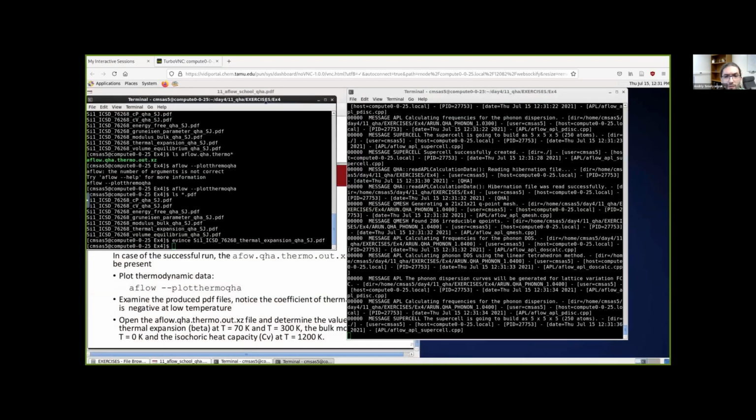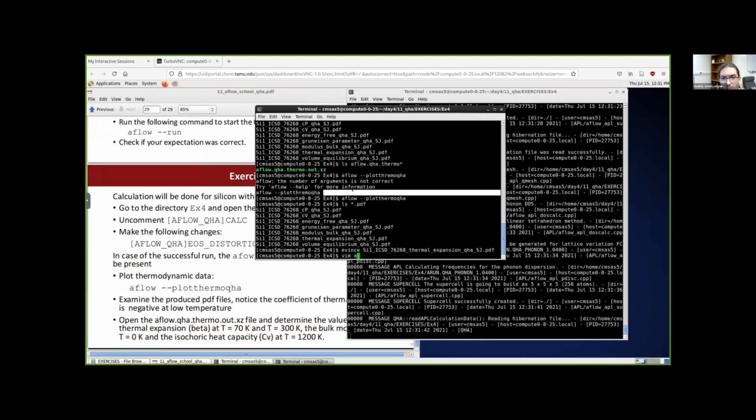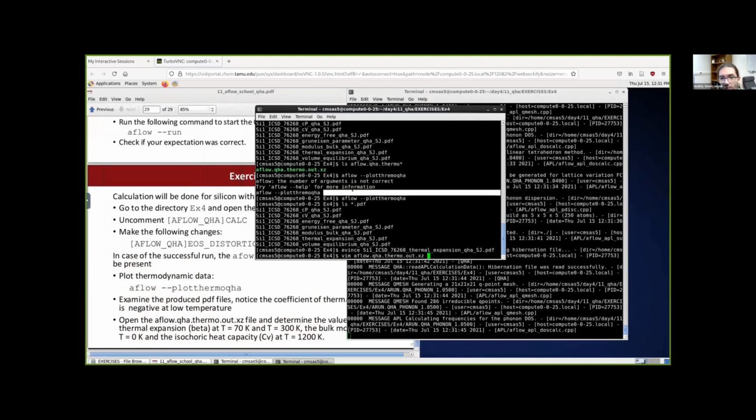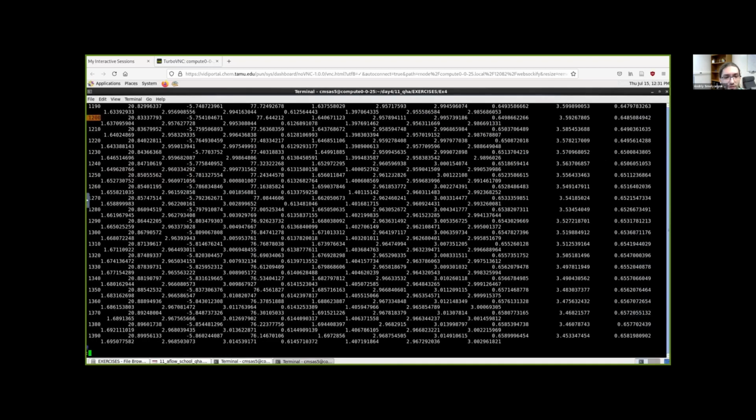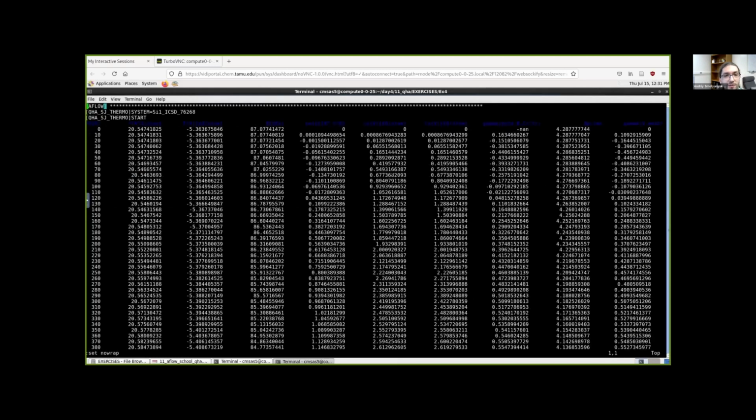And last one, what I wanted you to do is open the AFLOW QHA thermo file. If you're using Vim, you can use that no-wrap to have it in a bit better form. And thermal expansion should be the fifth column. So for 70K, you will see it's negative, minus 0.14 for this calculation.